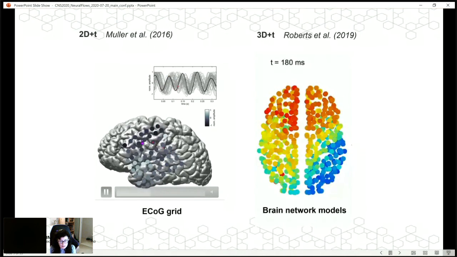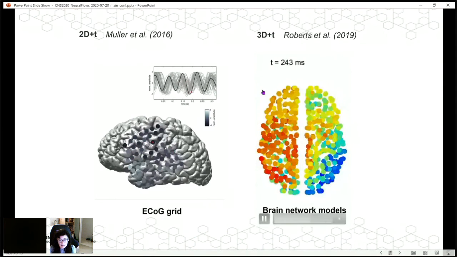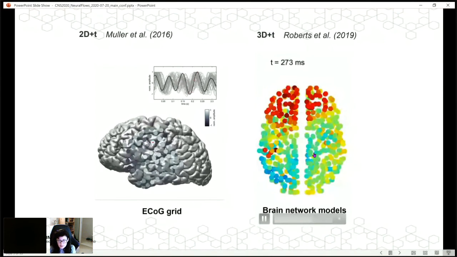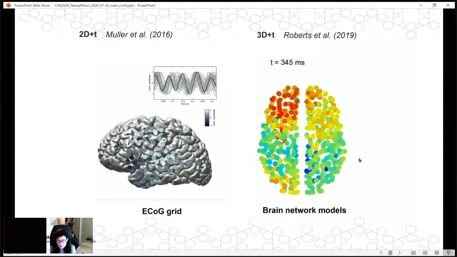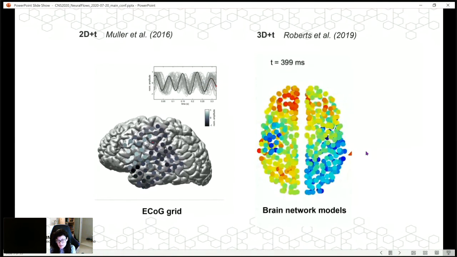They saw these rotating patterns in the brain during sleep. And last year, James Roberts and colleagues predicted these metastable brainwaves, so this highly structured activity that is switching over time.